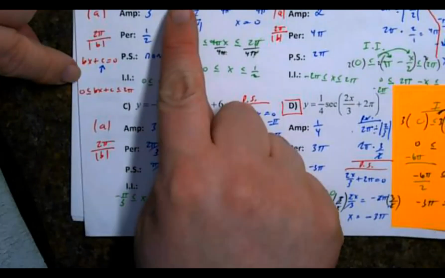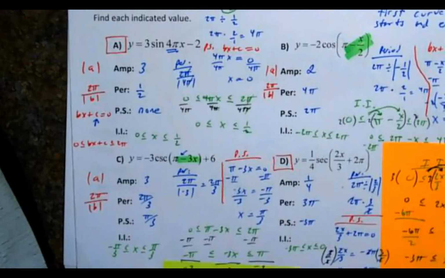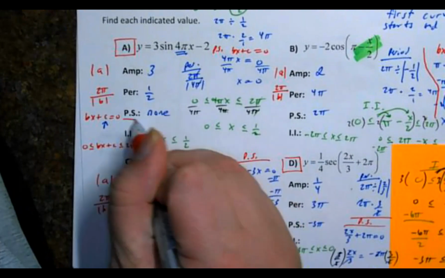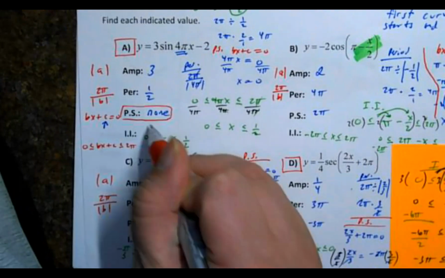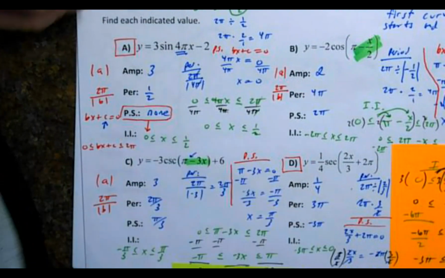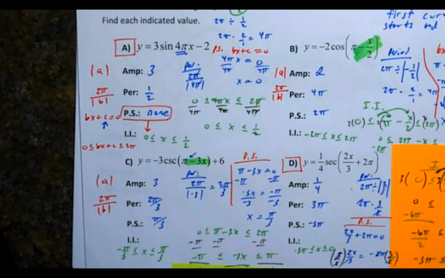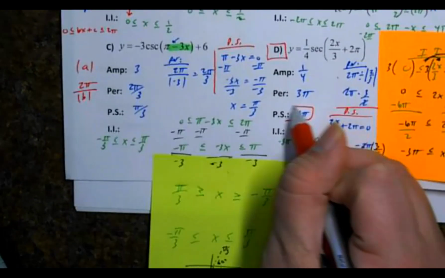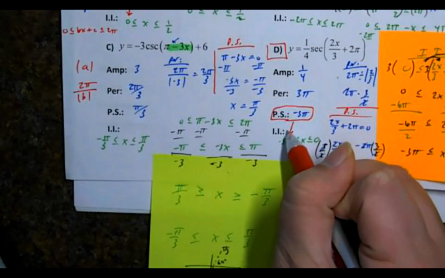When the x term is positive, the phase shift will always match the first part of the initial interval. So if there was no phase shift, that means you start at 0. Here, my phase shift was at negative 3 pi. You start at negative 3 pi.